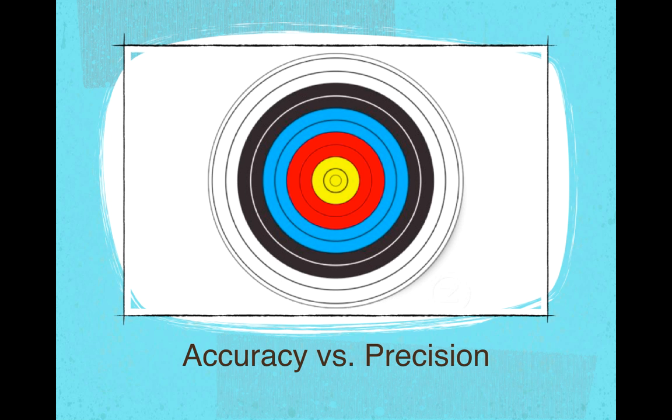So as we're thinking about accuracy and precision, one way to think about it is a dartboard, an archery target. So the first thing is, what would this be? Would this be accurate? Would this be precise? Would this be neither? Or would this be both?